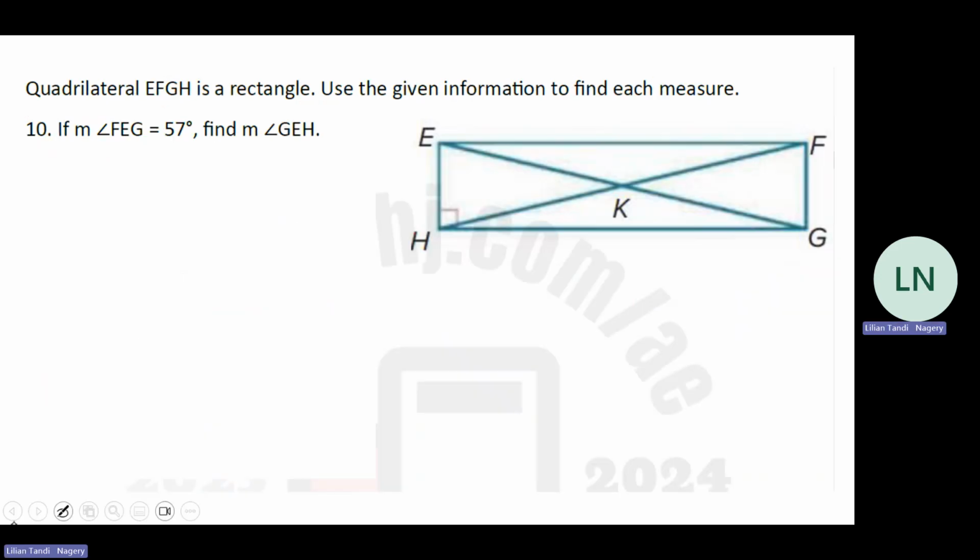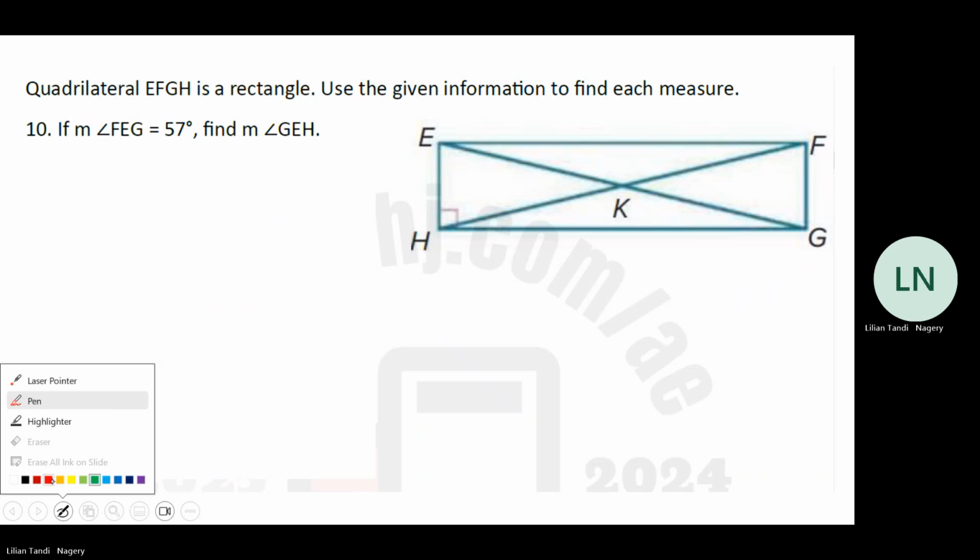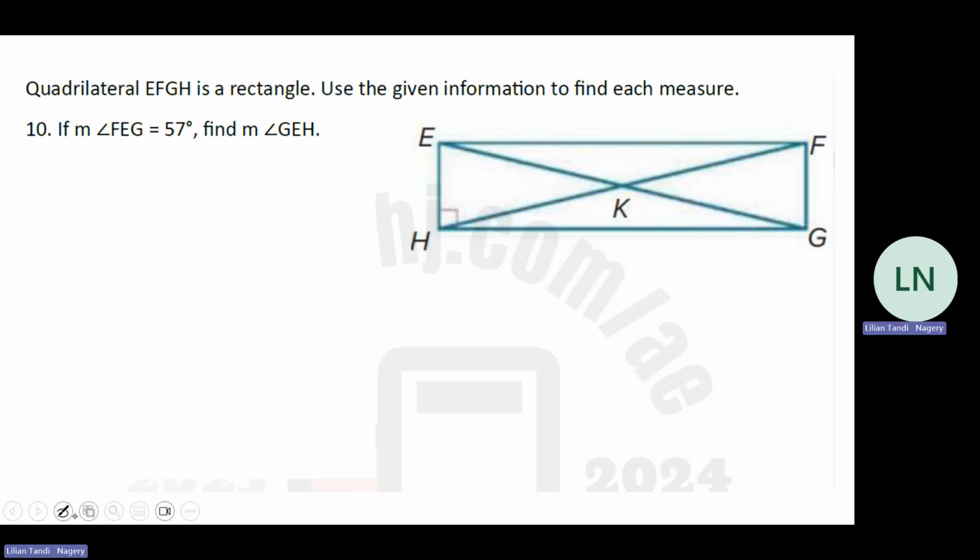A quadrilateral EFGH. Let me use blue. Quadrilateral EFGH is a rectangle. Use the given information to find the measure of each. So I know this angle must be equal to this angle, and this angle must be equal to that angle.